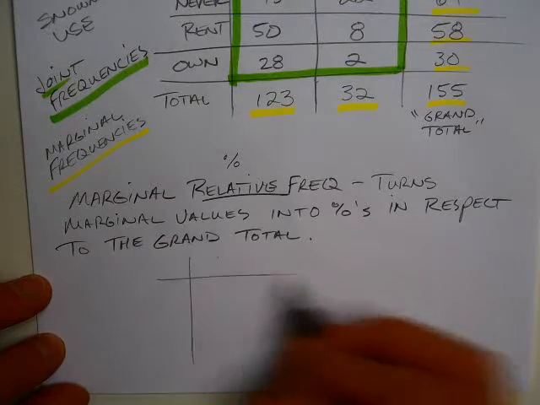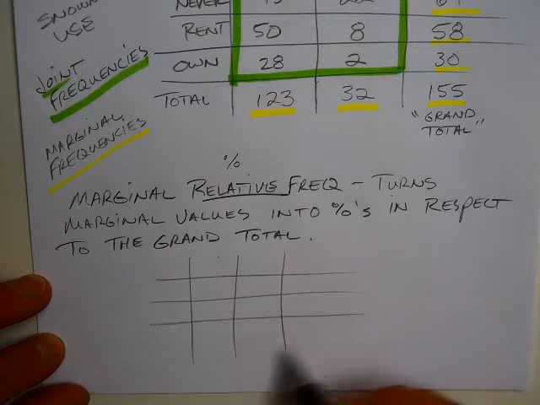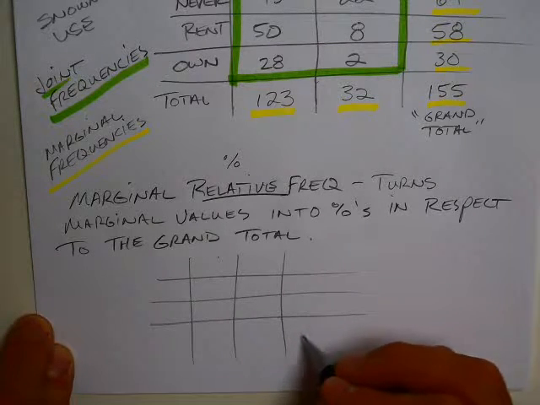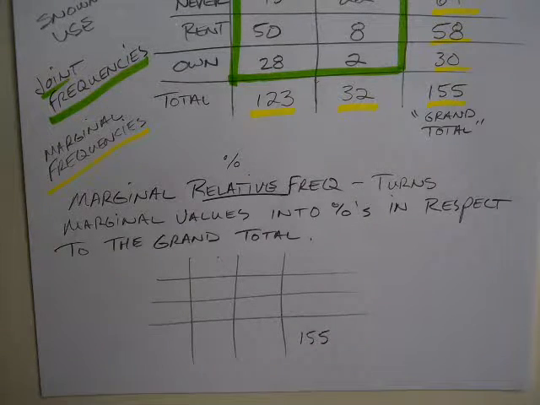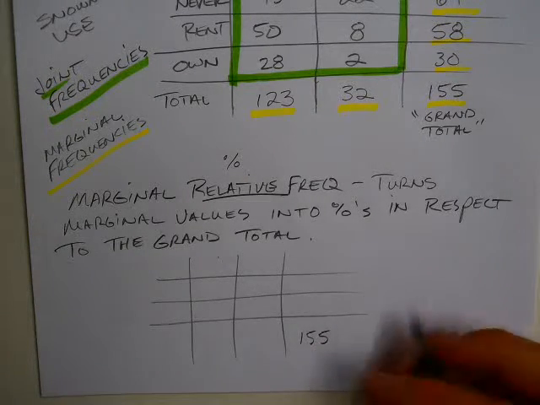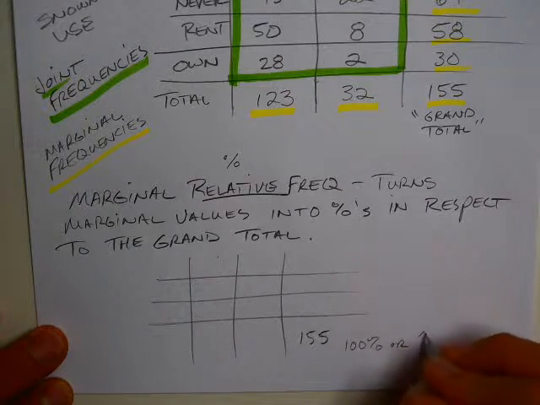So I'm not going to fill everything in, but I'm going to make a quick sketch of what we already have here. So we've got 155 here. That represents our 100%, or 1.